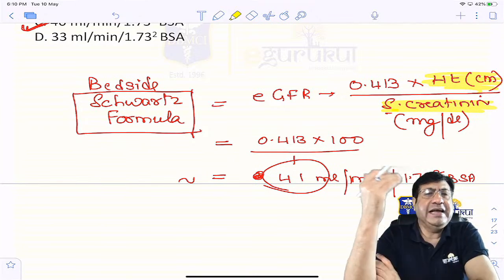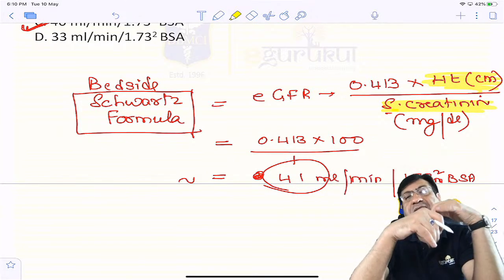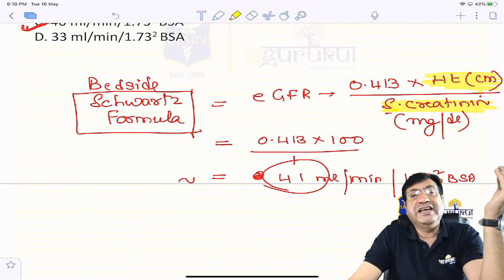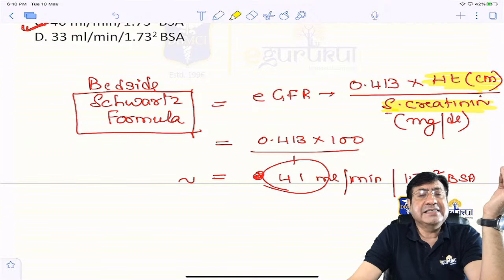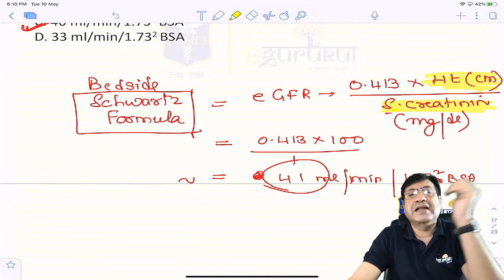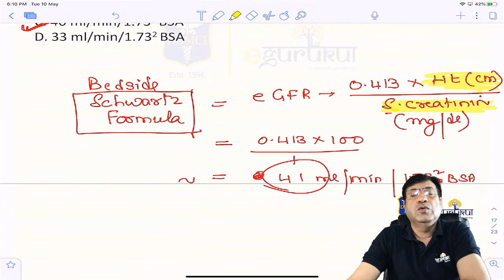Cystatin C has many advantages over creatinine. For example, cystatin C is not secreted by the renal tubules. Then cystatin C is less affected by age, gender, muscle mass in comparison to creatinine, which can be affected.